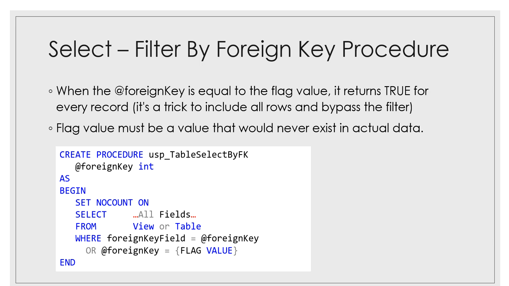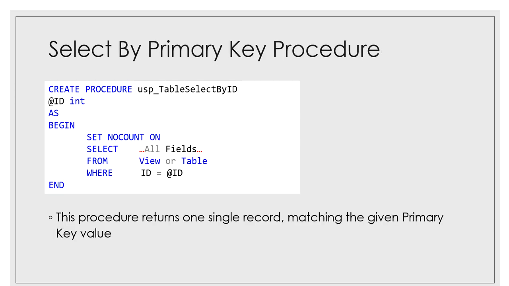Now, oh, I missed one. I went too quick. Select by the primary key. So here's our recipe. What have we added? We've added one parameter. Again, we're going on the assumption we have an integer identity primary key, so we'll have @ID. The @ indicates it's like a variable.